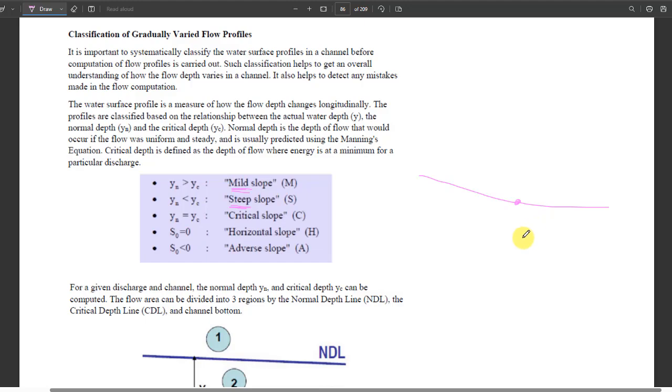Okay, so these changes will play a role, and there will be something called gradually varied flow in such cases, which is changing from one channel slope, S1, to another channel slope, S2. These changes will cause something called a gradually varied flow. Okay, so that is the thing we will study.